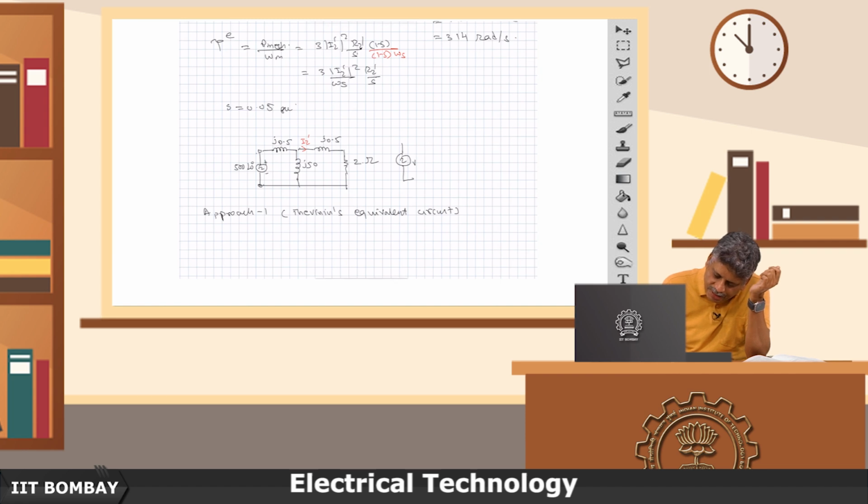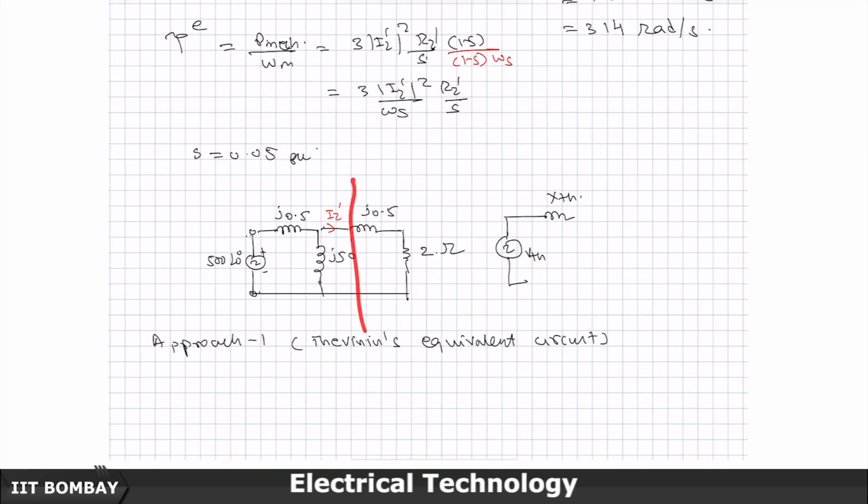You will have this as the V Thevenin, and this will be your Z Thevenin, which in our case will be X Thevenin only, because when we are looking from here, you cut the whole rotor side out as load, and then you are looking inside. So, you will short circuit this voltage.